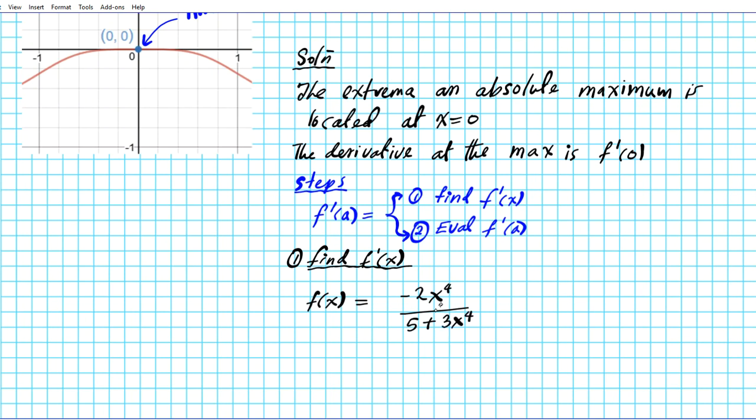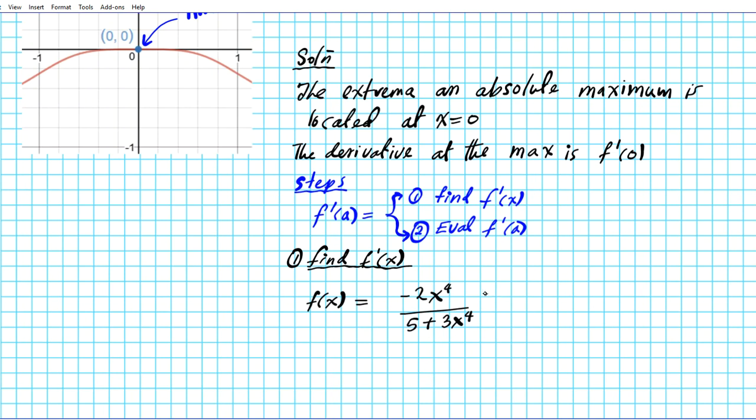We have a quotient of two functions, a quartic monomial and a quartic binomial. The first thing you might think to do is to use the quotient rule, but you do not want to be in haste to apply the quotient or product rule. Always ask yourself, is there a way we can rewrite the problem to avoid using those rules? In this particular case, there is nothing we can do.